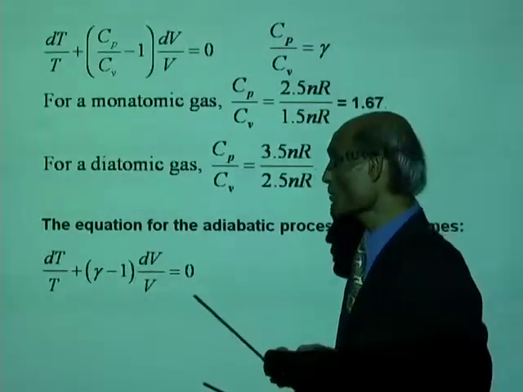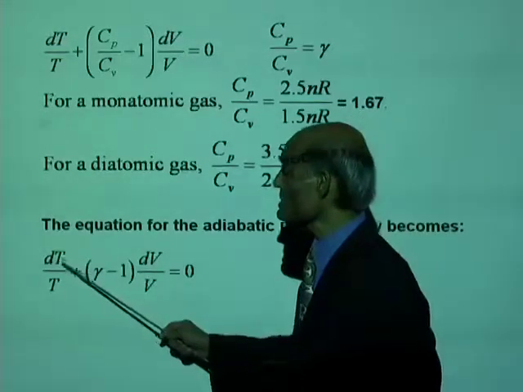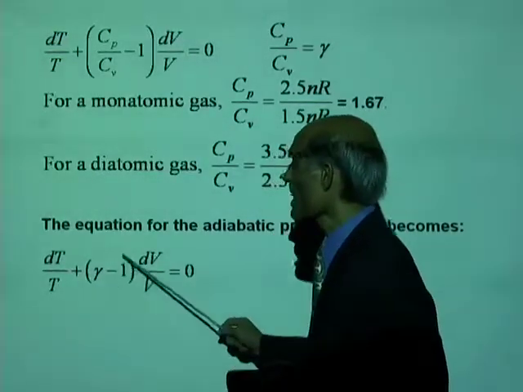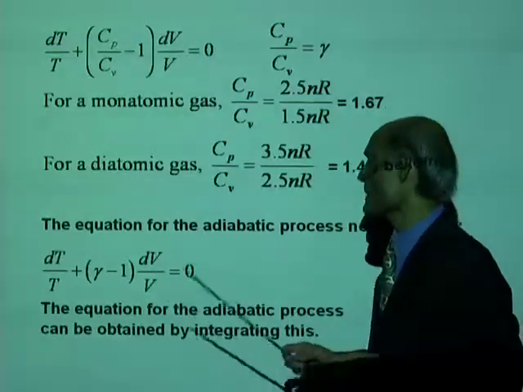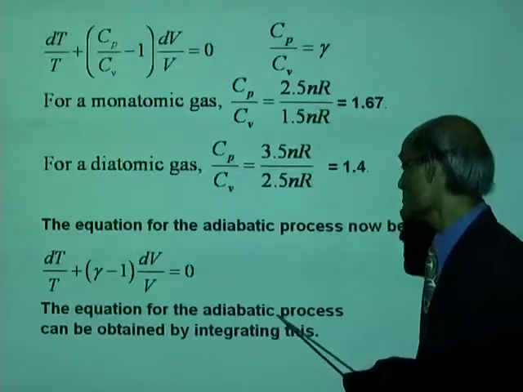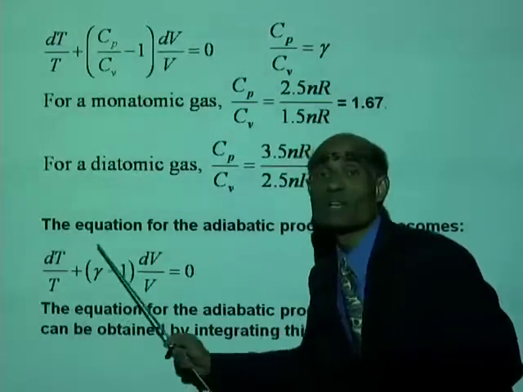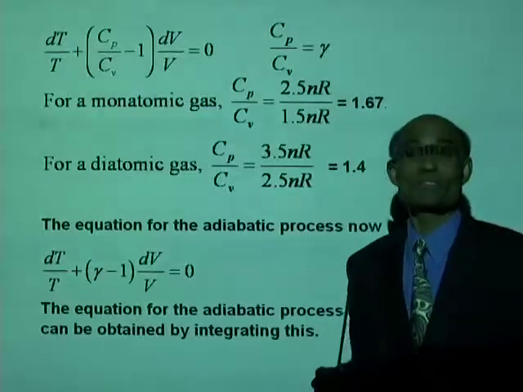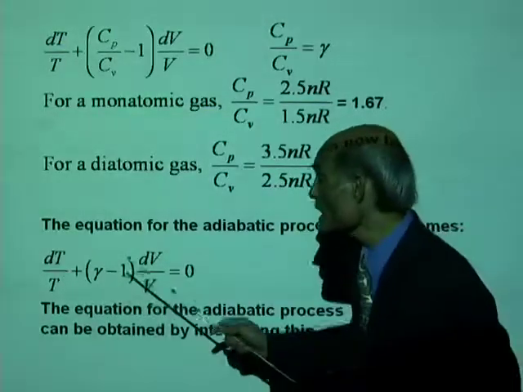We can solve this equation. Do you know how to solve this equation? dT over T plus gamma minus 1 dV over V equal to 0. The equation for the adiabatic process can be obtained by integrating each term of the equation. That's right. This can be solved by integrating each term.